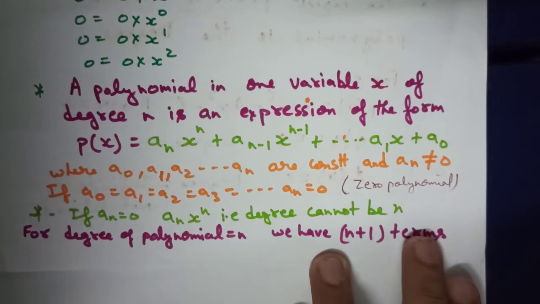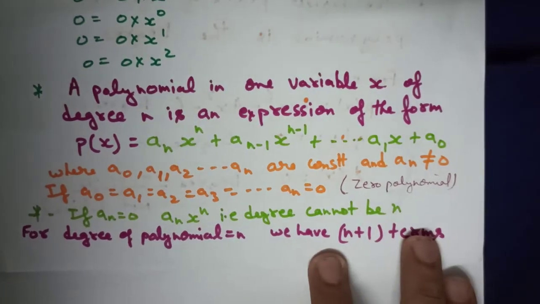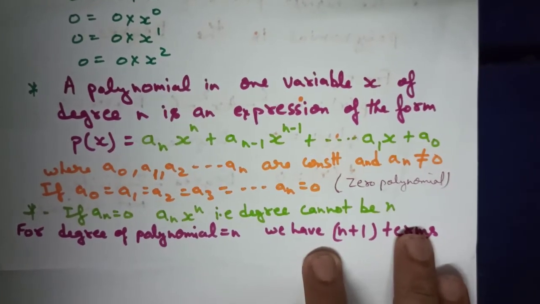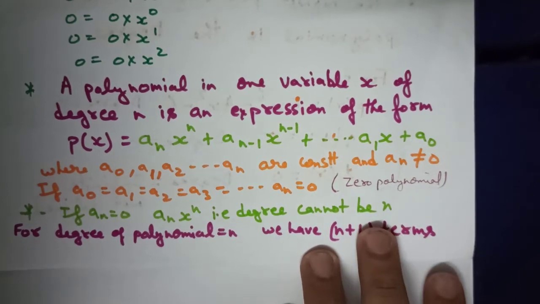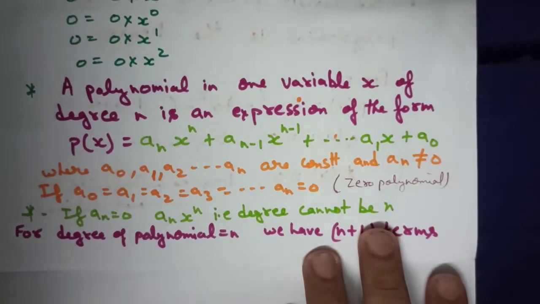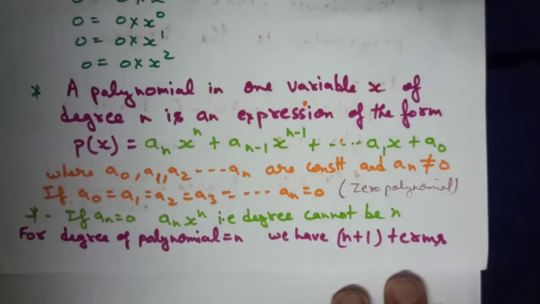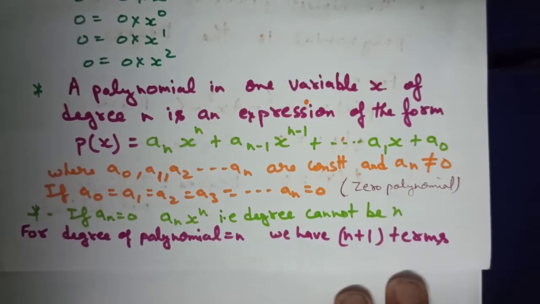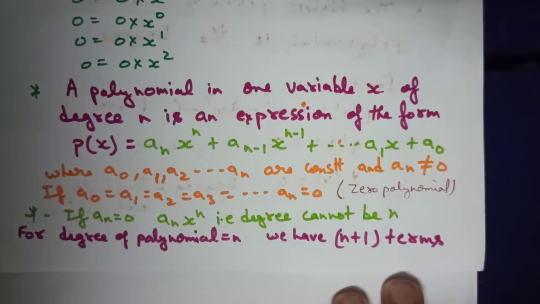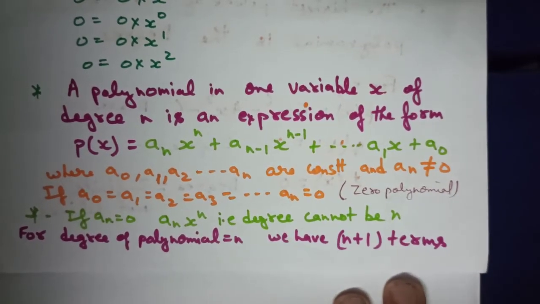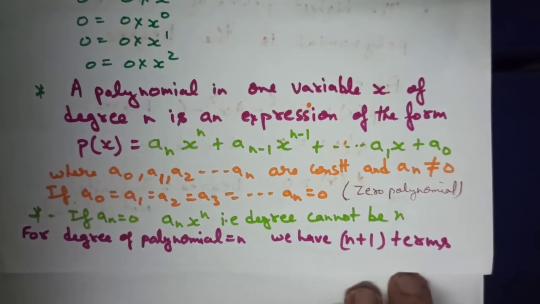Because if a_n is 0, then the highest power of the polynomial can never be n, so the degree can never be n. In the beginning we said that it is a polynomial of degree n, so a_n can never be 0.